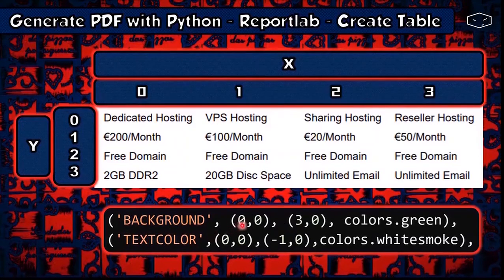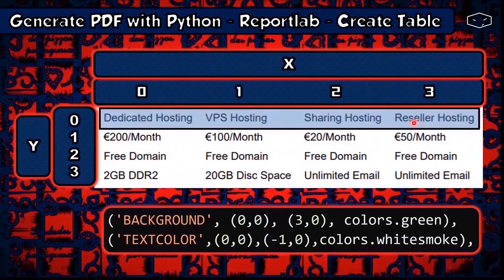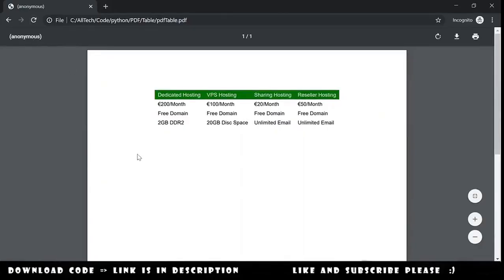Visually, this 0, 0 will be here, 0 for x and 0 for y. So this cell, this 3, 0 will be 3 for x and 0 for y. So it will be here. And we are selecting this row. Okay, with -1 we are saying go to the end. So it will go to the x number 3. And this is the result.